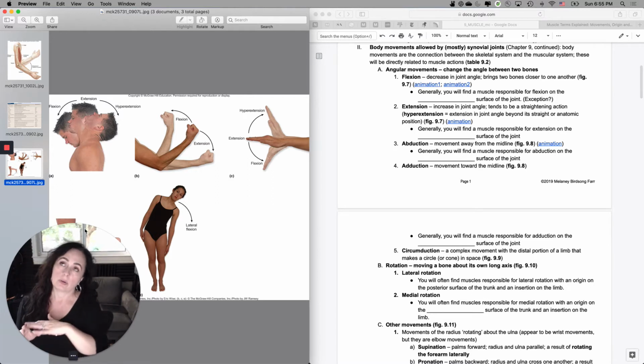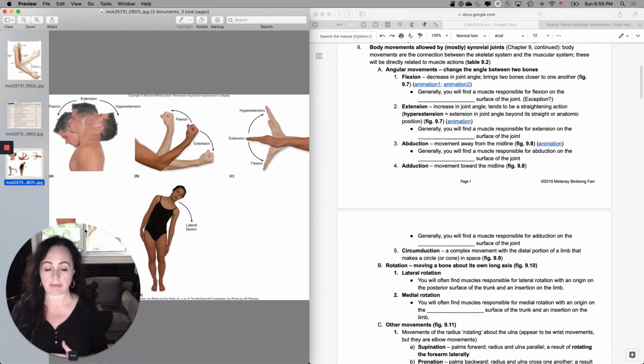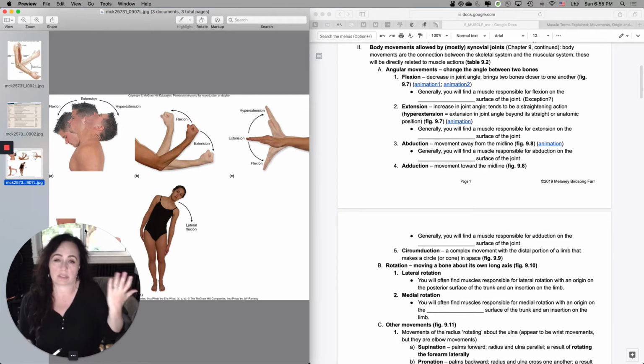So when you're at the gym and you're working out, you call everything flexing, but that's not what it means anatomically. So what we have to do is, as always, we have to use the words very specifically. So when we are talking about this first set of angular movements, which is flexion and extension, they go together as a pair, and I'll show you some animations in just a second. Flexion says I start out with an angle at anatomical position. So my angle between my neck and my torso is 180-ish, right?